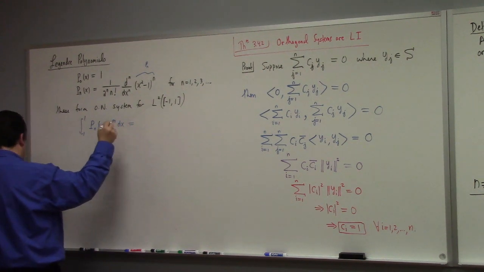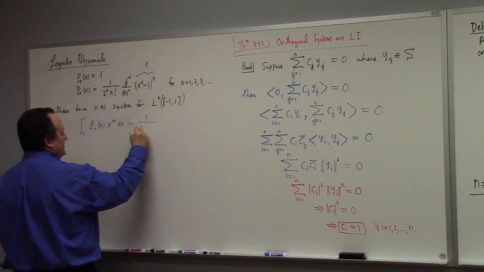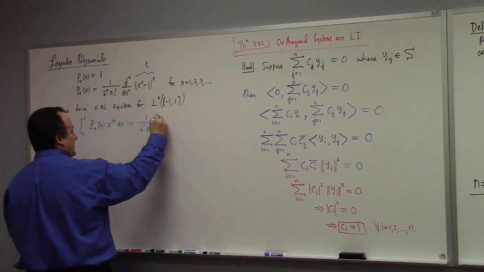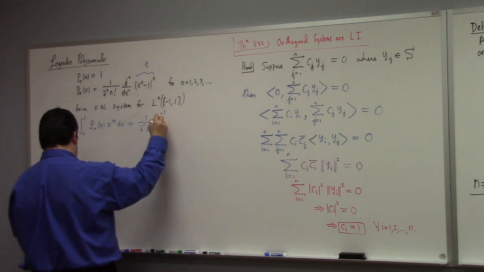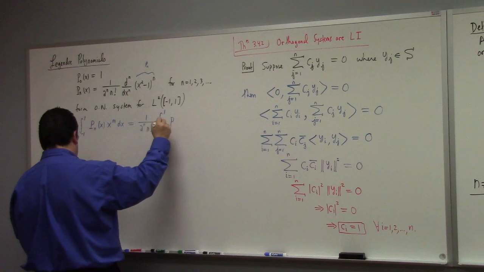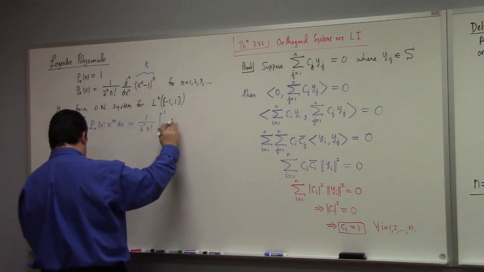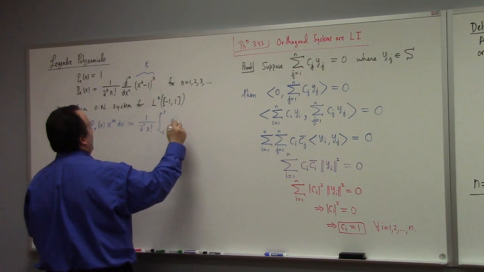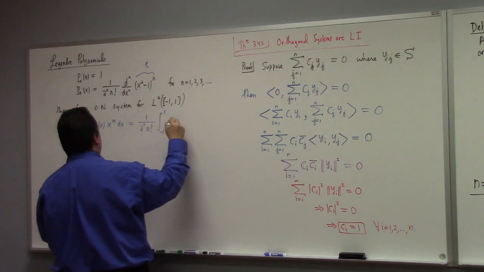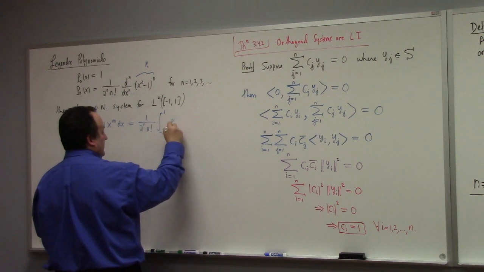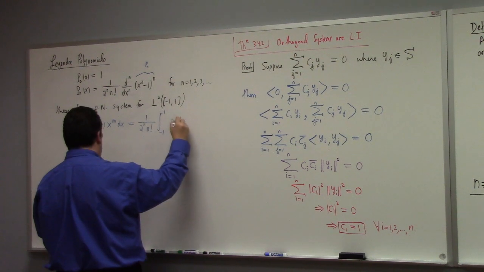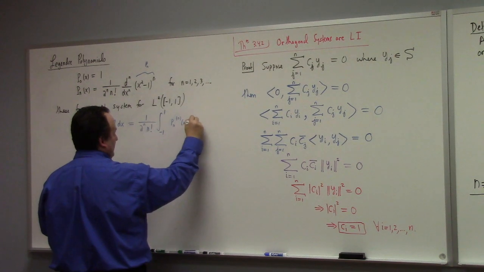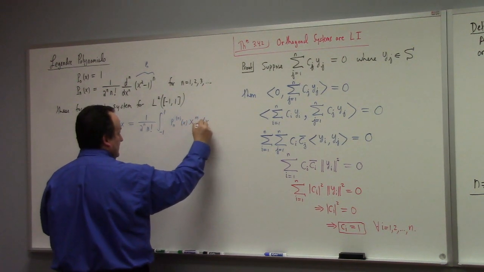He claims that is equal to 1 over 2 to the n times n factorial, the integral from minus 1 to 1 of little p, and now that's the nth derivative. That parentheses sub n means nth derivative of that with respect to x, times x to the m dx.